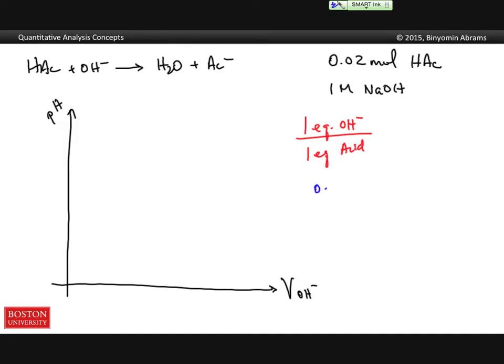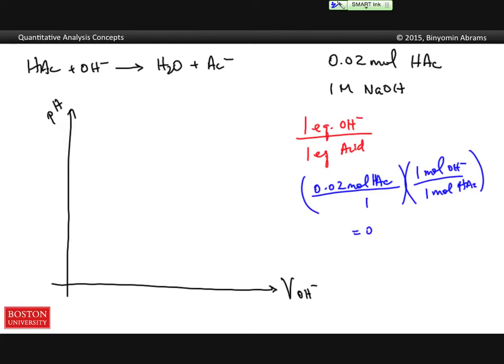So since we have 0.02 moles of acid, and we know that it's a 1-to-1 molar ratio, we're going to need 1 mole of hydroxide for each 1 mole of that acid, which means we're going to need 0.02 moles of hydroxide, which at 1 liter for every 1 mole gets us 20 milliliters of hydroxide.